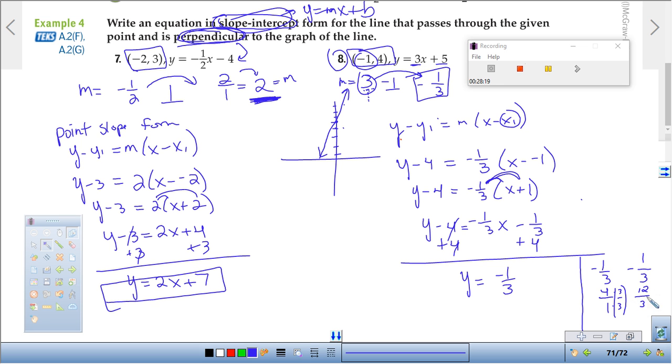It looks different, but it still has the same value. So now I have this part here, and I have a 12 over 3. What does it become? A negative 1 and a positive 12 becomes a positive 11 over 3.